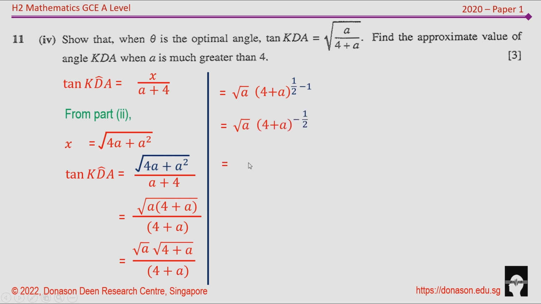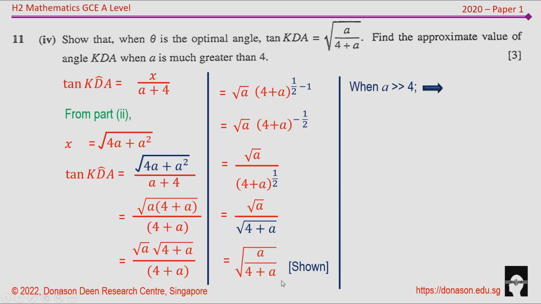Root a, 4 plus a to the power of minus half, and when you have a negative power, it goes to the denominator. So 4 plus a to the power of half, and this half means the square root. So root a over root of 4 plus a. Now I can combine them together and write it as a over 4 plus a, whole thing square rooted.